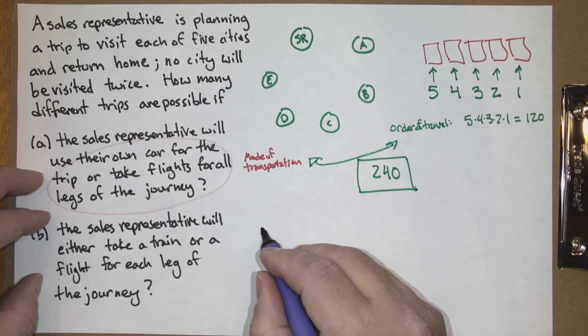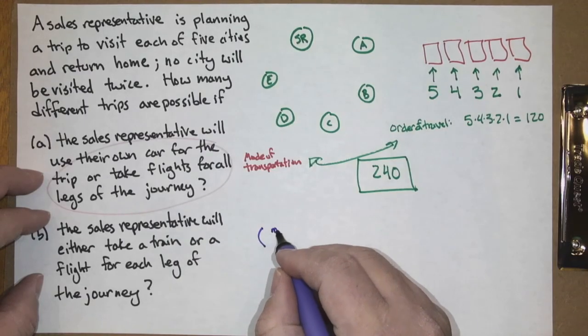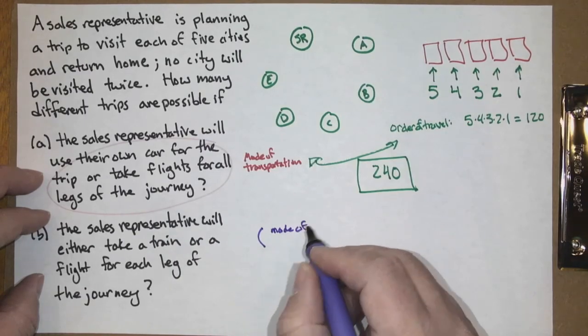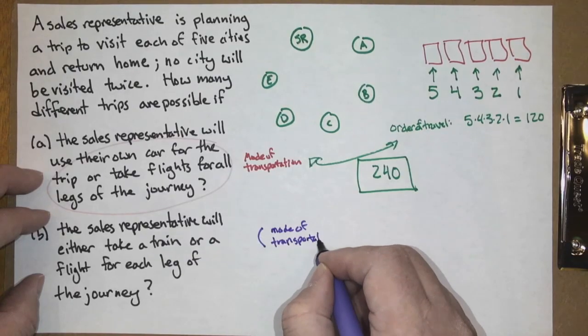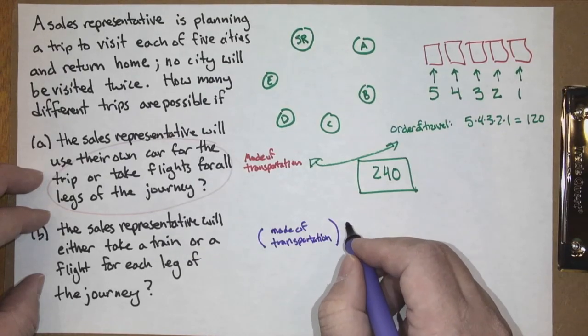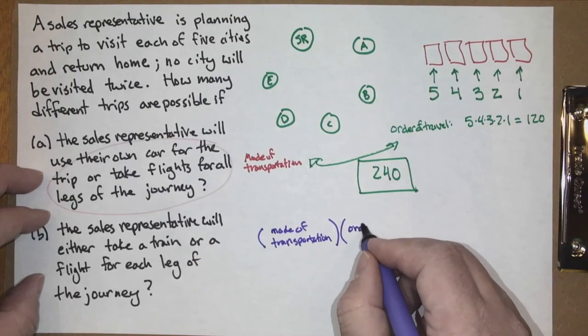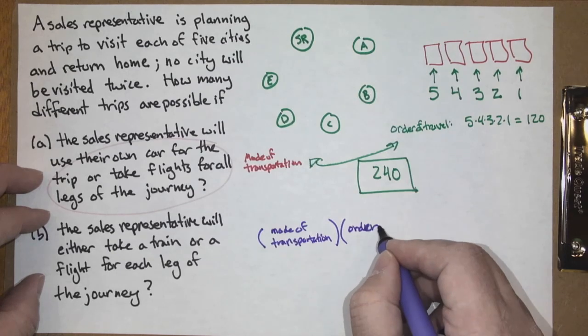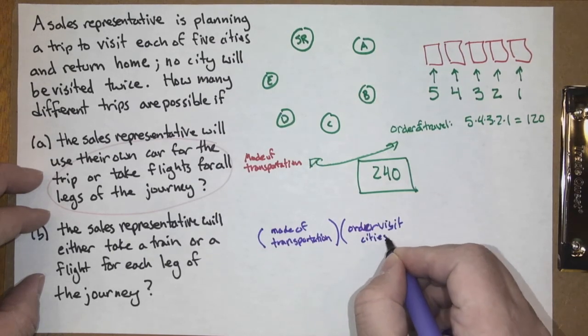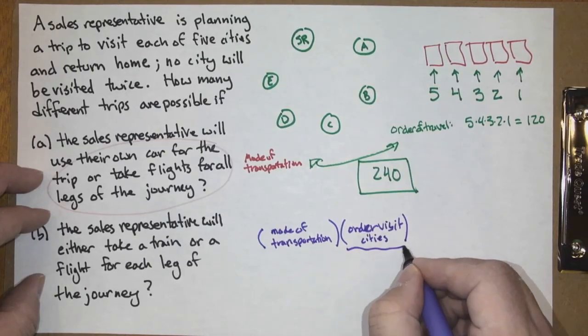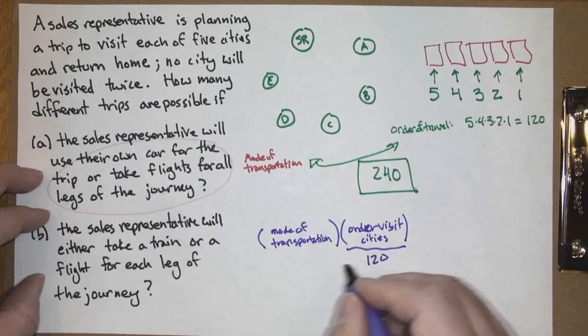All right, so if we think about it, we have to say, to think of multiplication, again, the ways that we're going to move ourselves from place to place, and times that by the order that we visit the cities, plural. Well, this stays the same, 120.